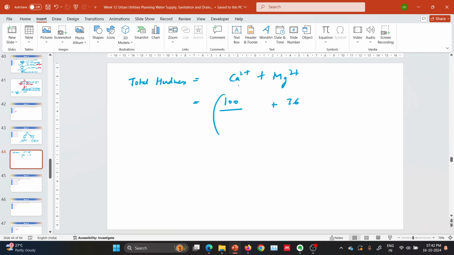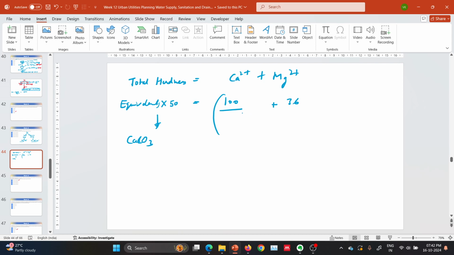So we will convert it in the form of equivalents. First we'll find the equivalents, and then we will multiply those equivalents with one equivalent of CaCO3, that is 50. Then we will get the hardness in terms of CaCO3.